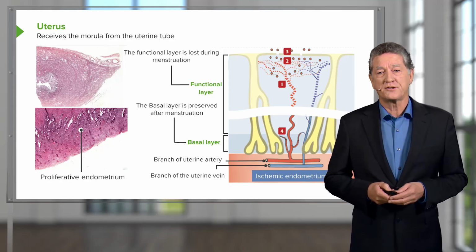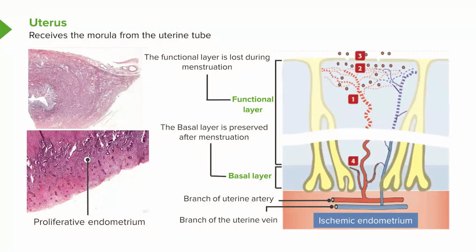The diagram illustrates what happens during menstruation, and I just want to briefly go through that. Remember, the spiral artery supplies the functional layer of the endometrium during the secretory phase of the endometrium.